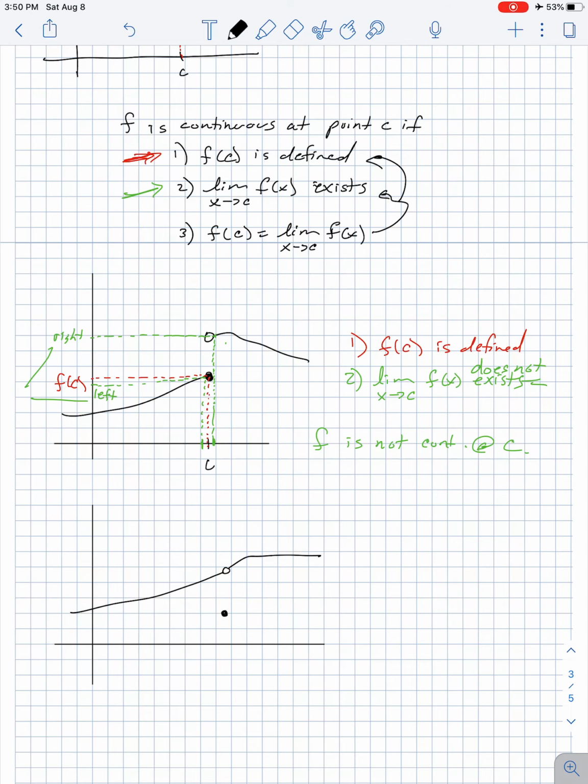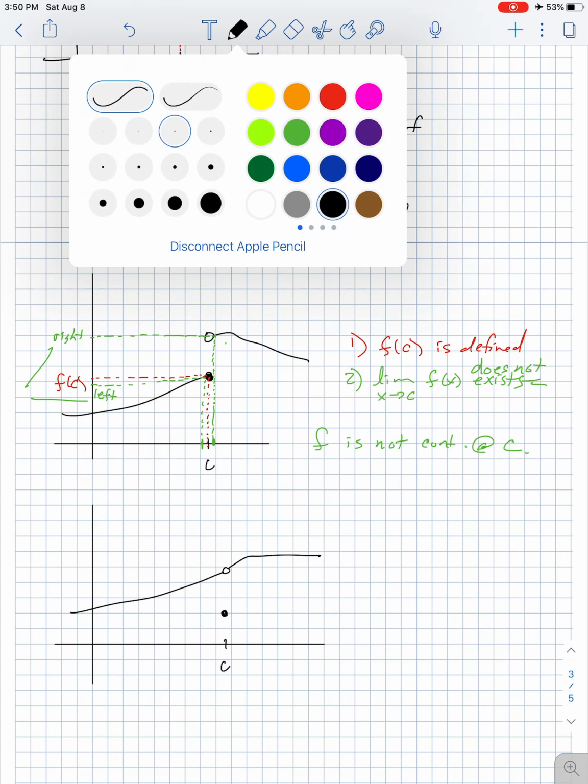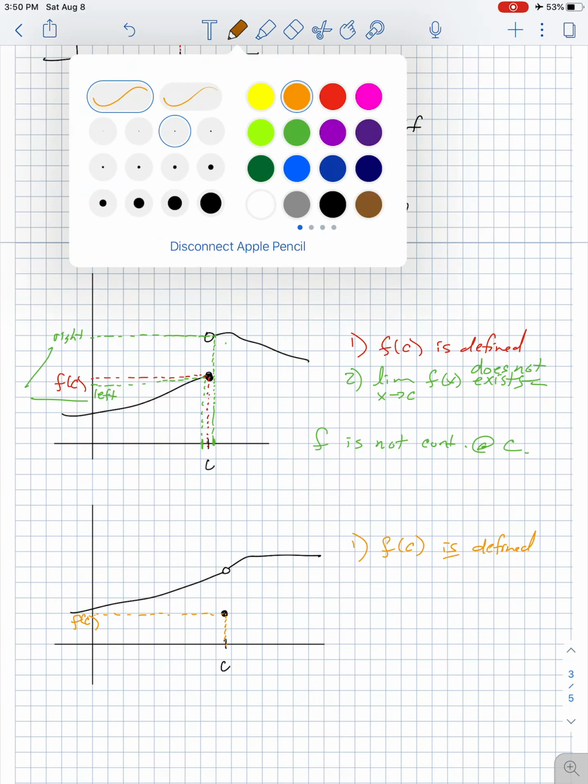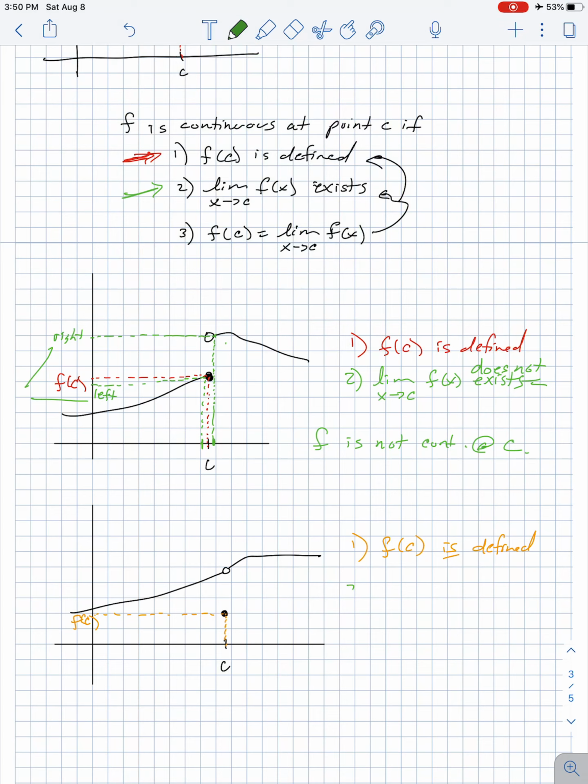Okay, here's your function. Here's c. Let's check this guy out. Go through the steps with me. One, f of c. Okay, that is defined. There is actually a dot at c. This is f of c. Okay, so f of c is defined. Second step, limit. Little to the left of c.